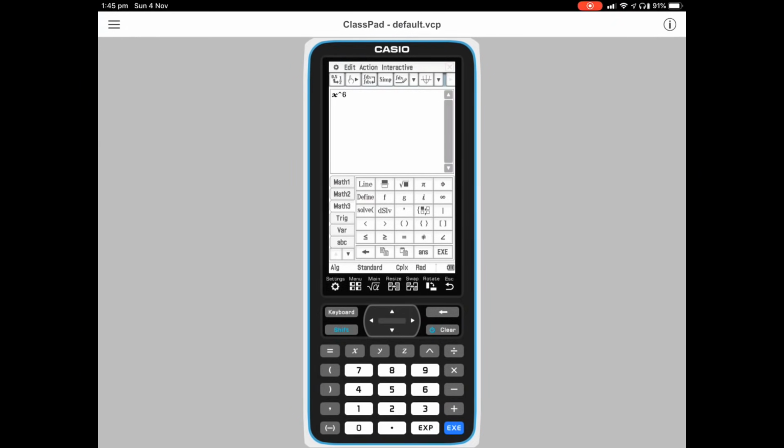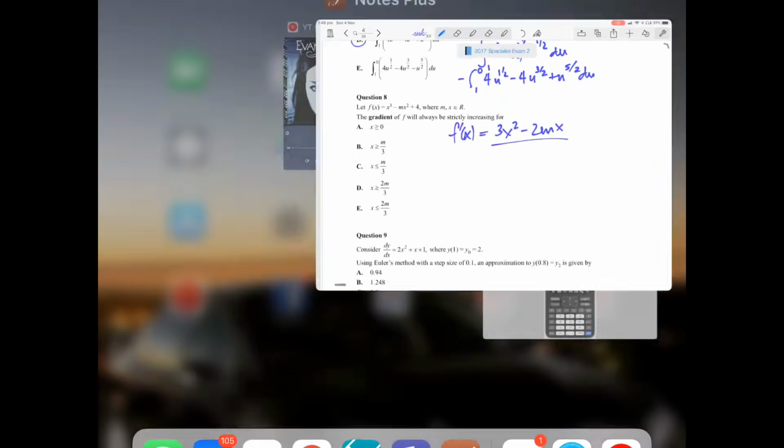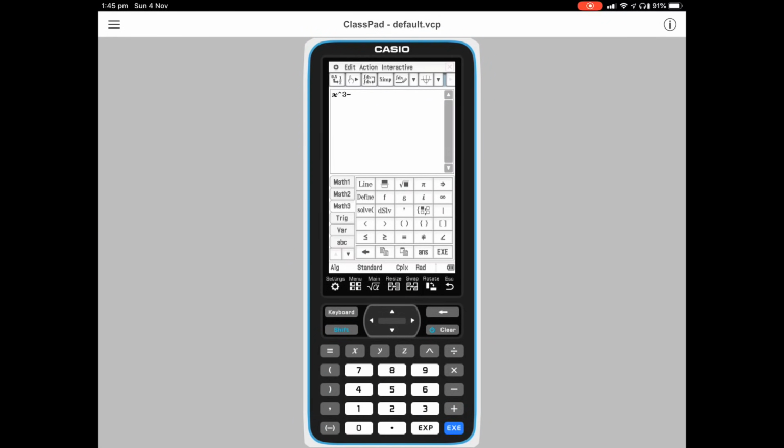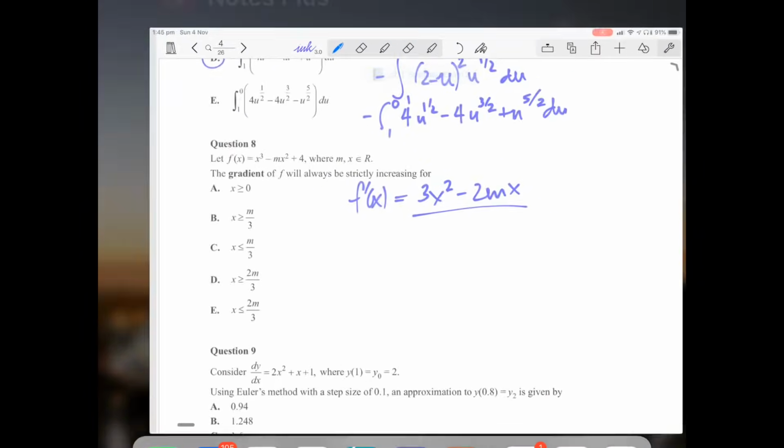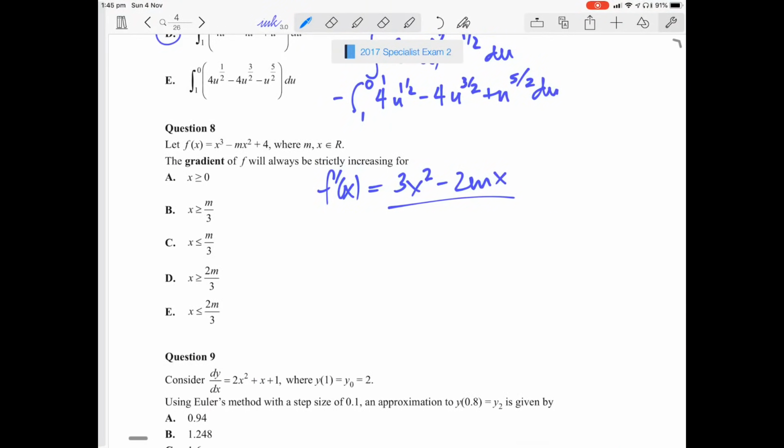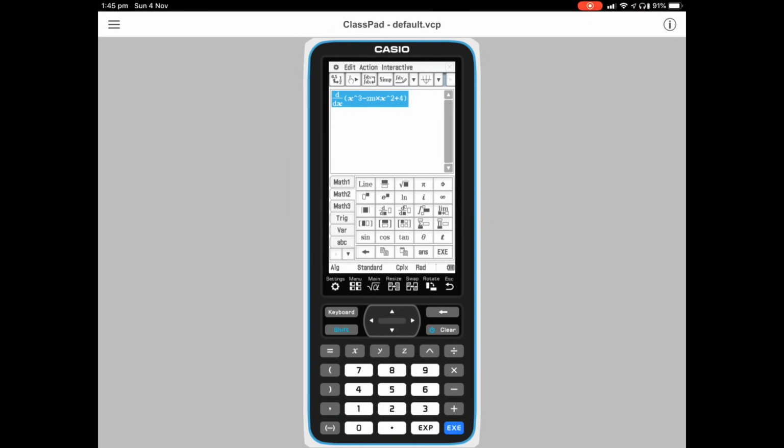Okay, so x cubed, if I can write it out properly, minus mx squared plus 4 d dx, oh no, we want the second derivative to be, if it's always increasing, the second derivative is always going to be positive.